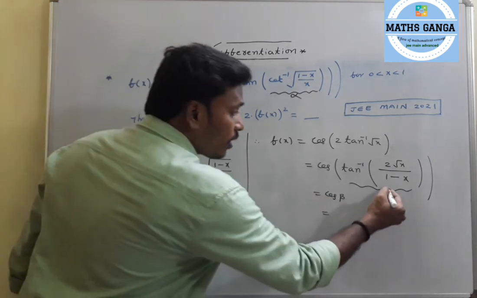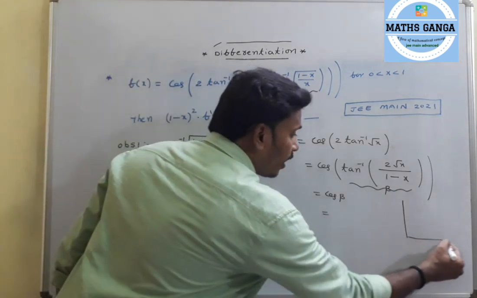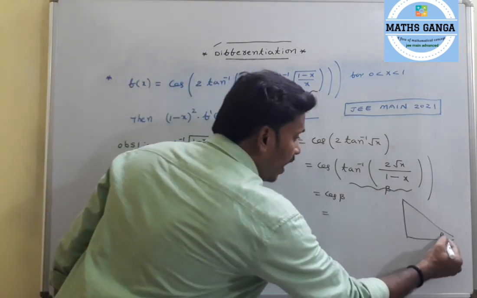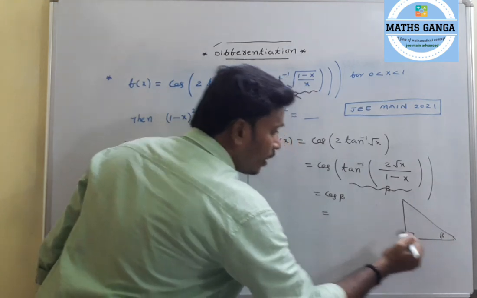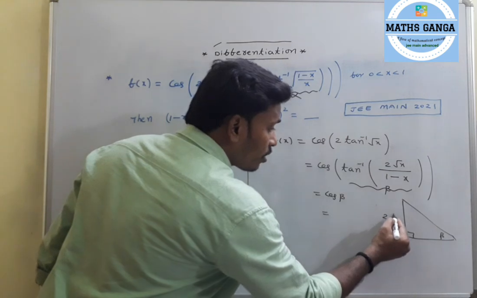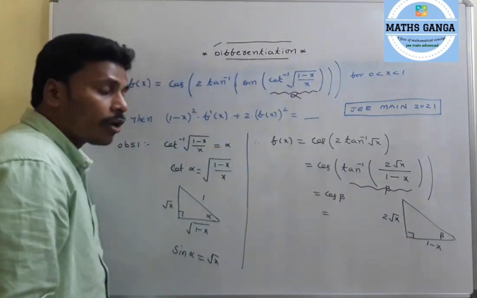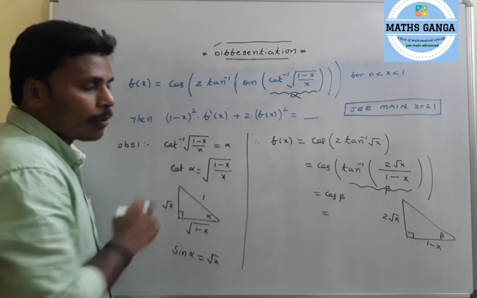Since we are taking it as beta, again think about a triangle where beta is the angle. Tan is opposite by adjacent, so the opposite is 2 root x and the adjacent is 1 minus x.